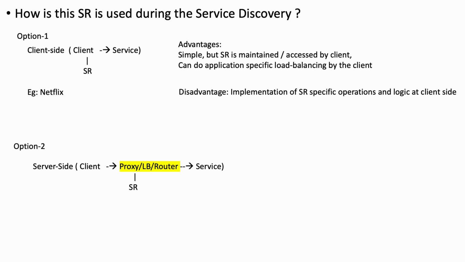Now this third party component will go and fetch the IP addresses of the service instances, and based on the load on all these 3 instances, it might route the request to one of them. It need not always go and fetch the data from the service registry. It can have some internal cache also, but that cache needs to be updated in real time whenever there is a change in the service registry entries.